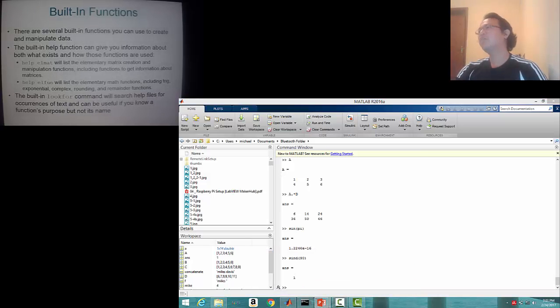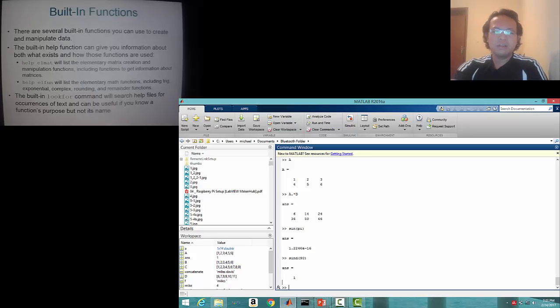Next, the lookfor command will search help files for occurrences of text and can be useful if you know a function's purpose but not its name. So, for example, you do not know the function to compute the tangent. So I would just write lookfor tangent.